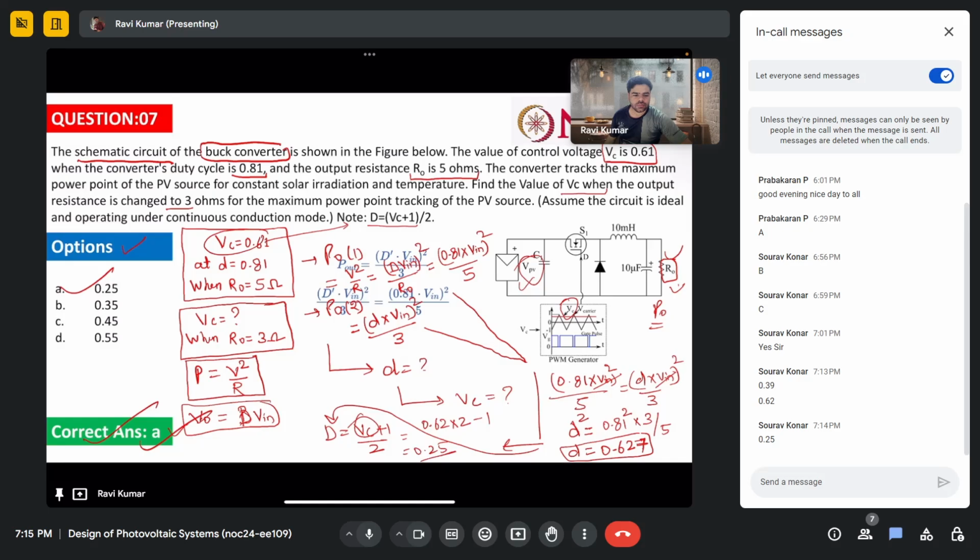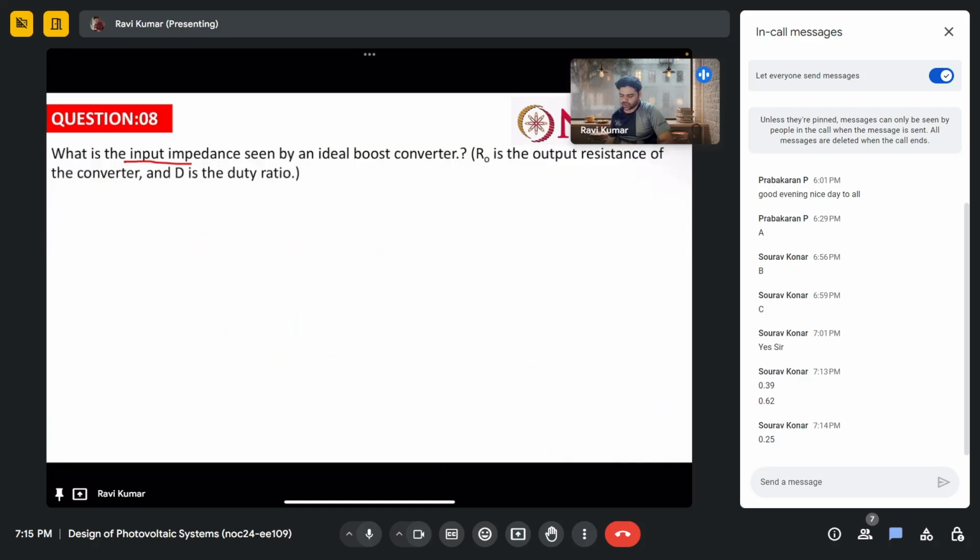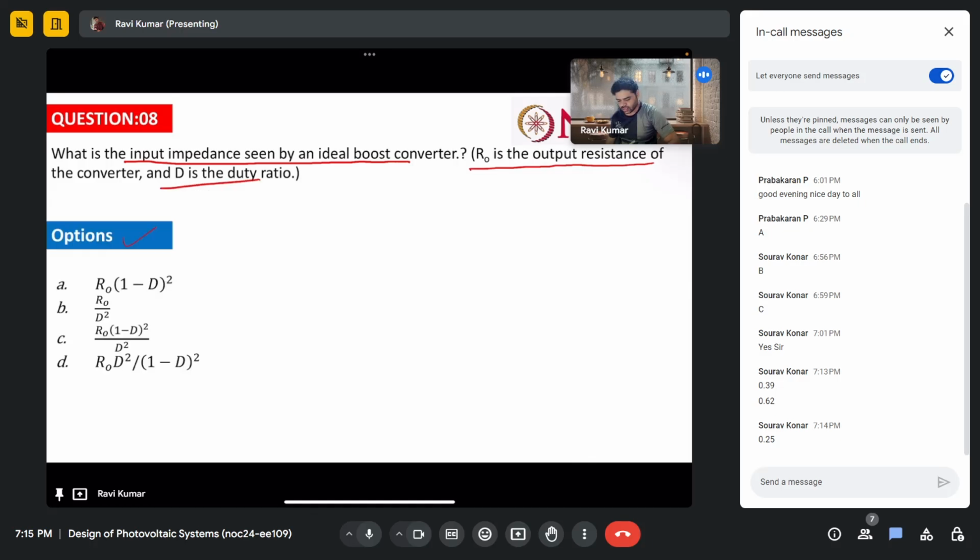Okay, let's move to the next question, which is very simple. It says, what is the input impedance seen by the ideal boost converter? R naught is the output resistance of the converter, and D is the duty ratio. These are the options. It is asking about the boost converter, the relation between RT with R naught.